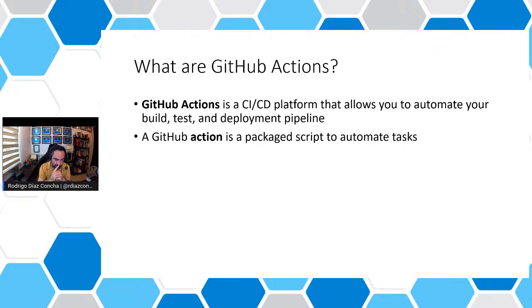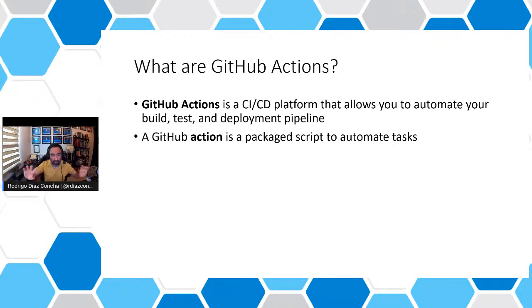It's all about delivering software at a more rapid pace. And this is the name of the technology, GitHub Actions with capital A. Please don't get confused with action with lowercase a, because that's a package script to automate tasks. Okay, so for instance, we use the GitHub Actions technology, and we use a lot of different GitHub actions with lowercase a to specify what would be the tasks that we want to execute when triggering those CI/CD pipelines.